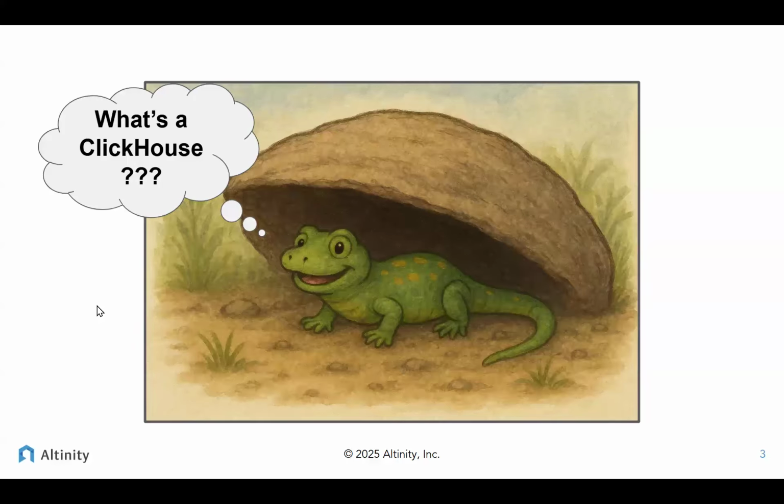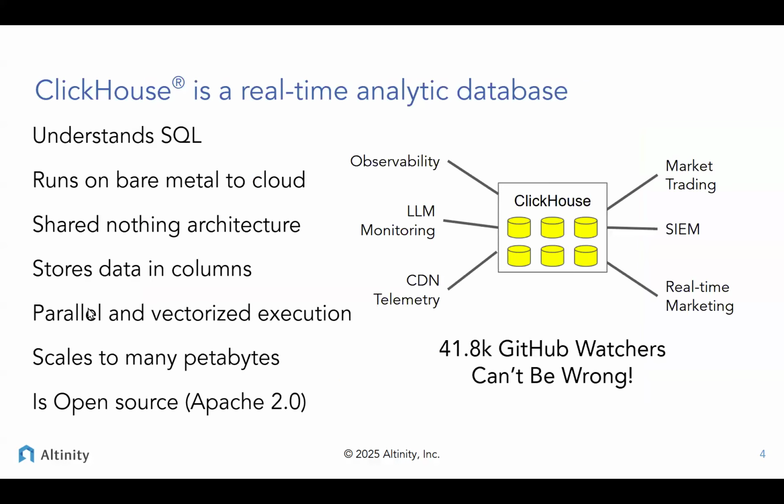Probably 98% of you already know this, but if you don't, ClickHouse is a real-time analytic database. You can think of it as combining the best features of a database like MySQL, being able to talk SQL, run anywhere, be open source, with analytic databases, which are typically characterized by things like shared nothing architecture.